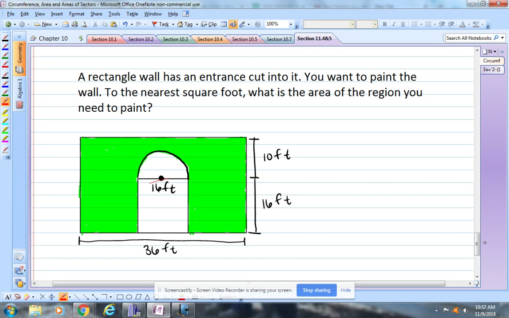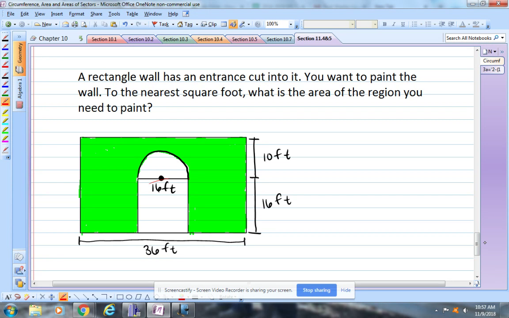All right. So, anyways, we want to find how much paint we need to cover this wall. I've got my measurements all here. We're not painting the white part. What kind of shapes are going on here?